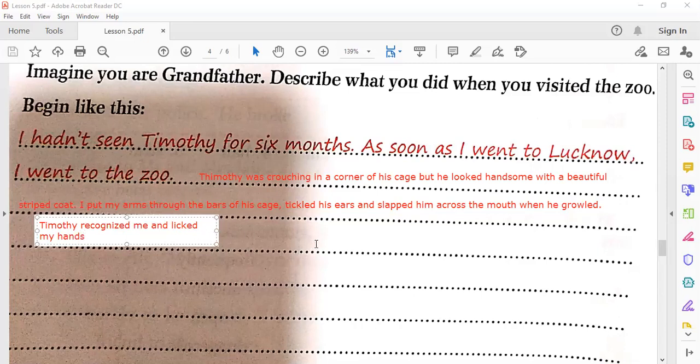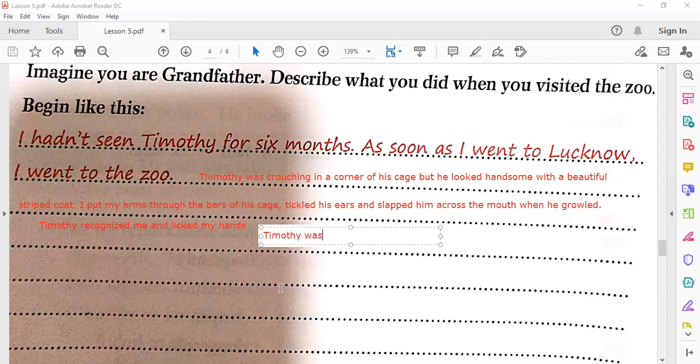Timothy was afraid of the leopard in the next cage.